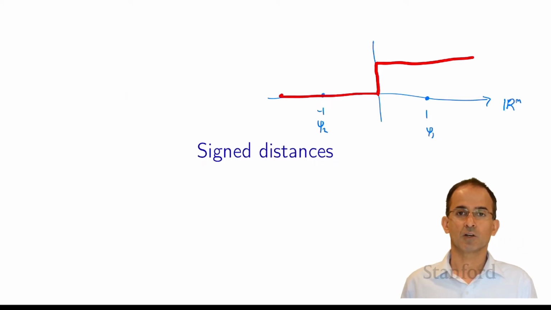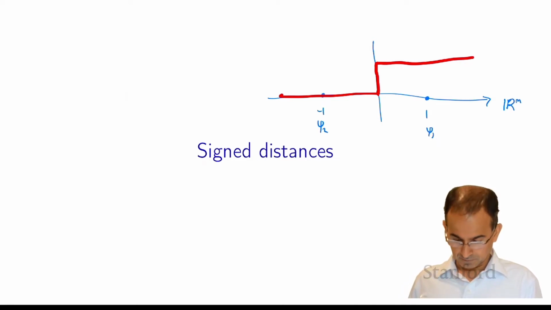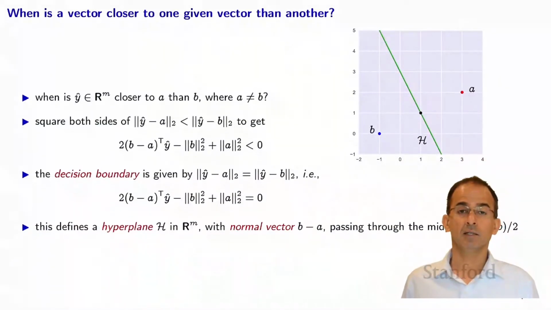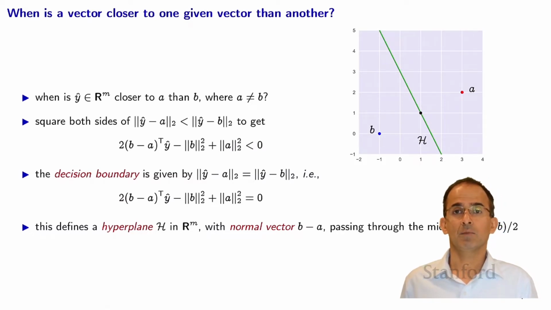Our ideal loss function would be this, and it would say that since y was 1, our ideal y hat should be anything negative. So we want to generalize this idea to the case where we've now got multiple psi i's, not just 2, and we've embedded them in Rm, and m is not just 1.